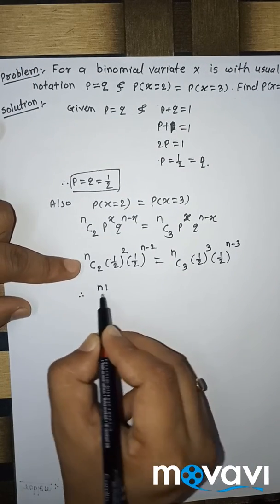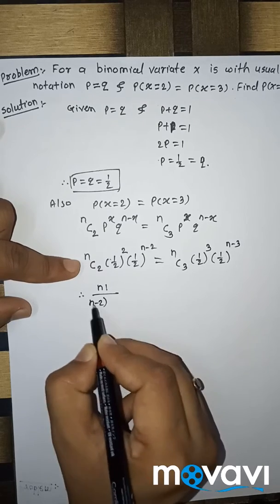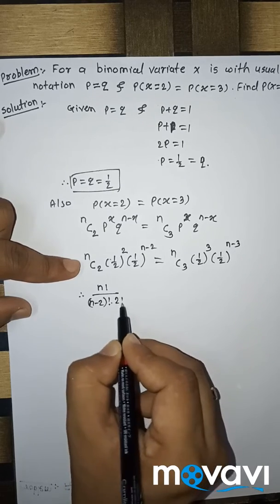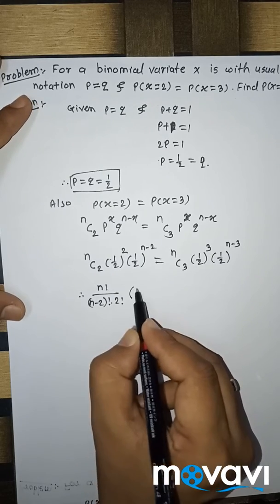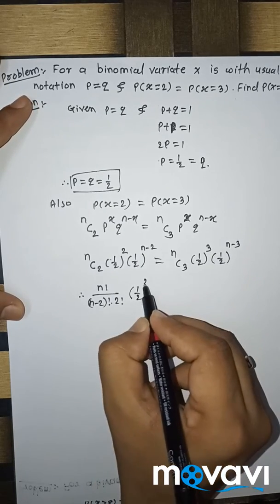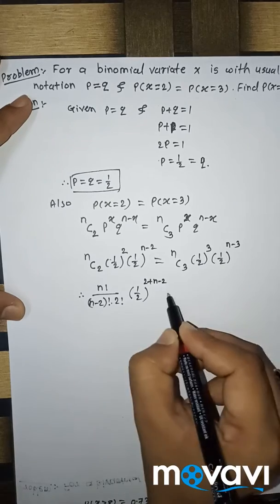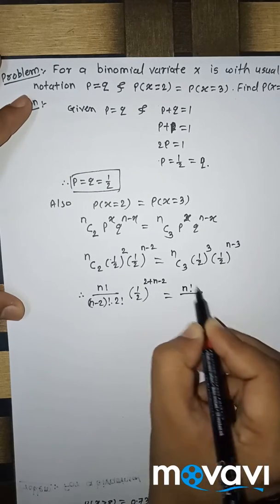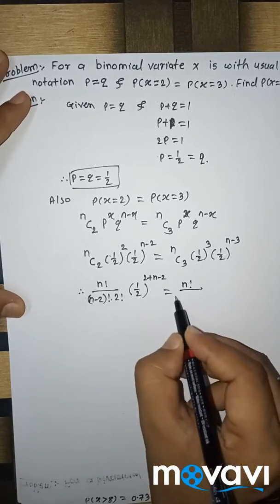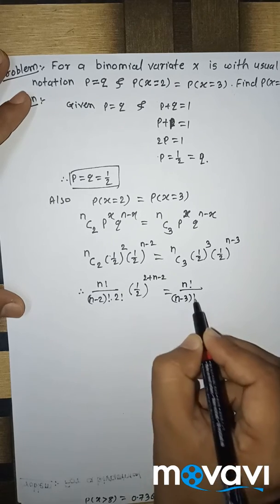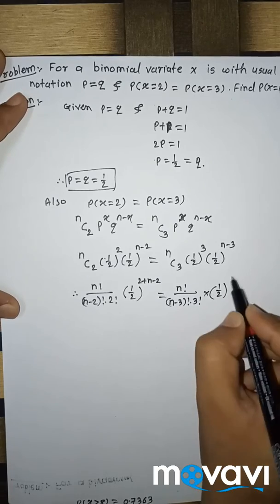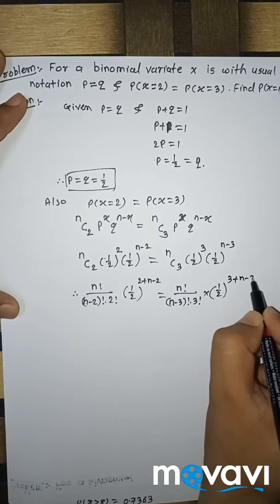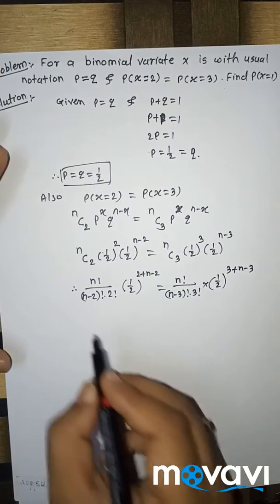nC2, n factorial upon n minus 2 factorial into 2 factorial, half raised to 2 into half raised to n minus 2. We can write it as half raised to 2 plus n minus 2. This is equal to nC3, n factorial upon n minus 3 factorial into 3 factorial into half raised to 3 plus n minus 3.